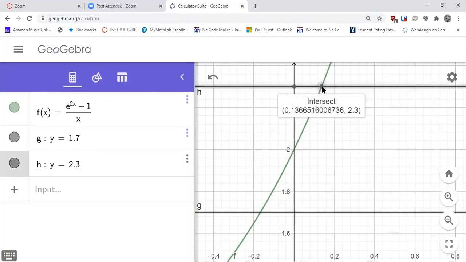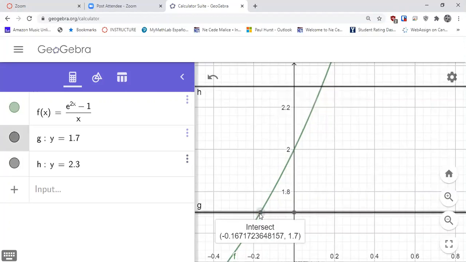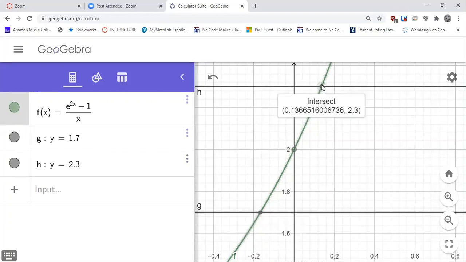Here, this intersects at 0.137. This is negative 0.167. The 0.137 is smaller, so 0.137 is going to be the answer to the second part. Any questions on that before I exit out of Geogebra?